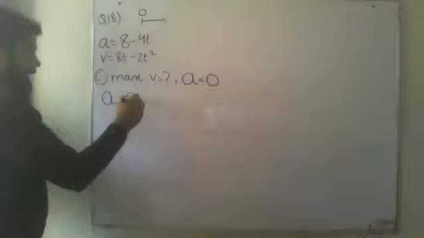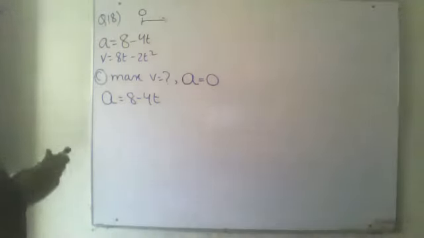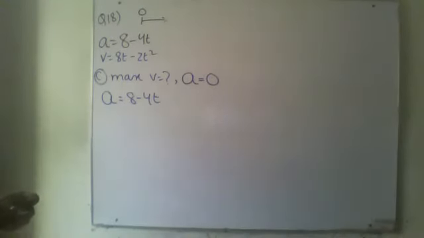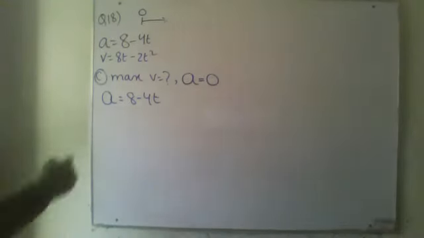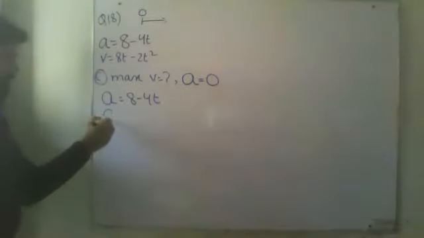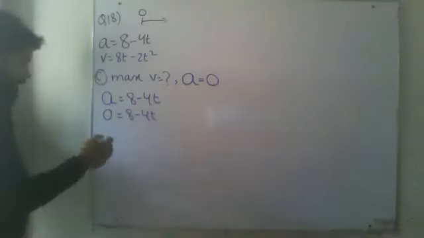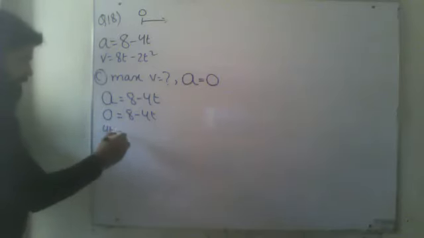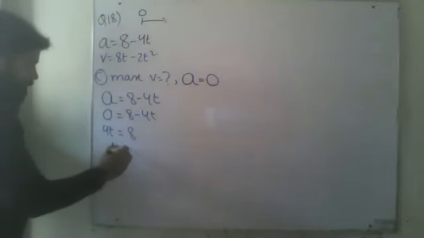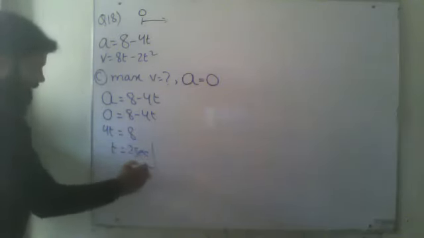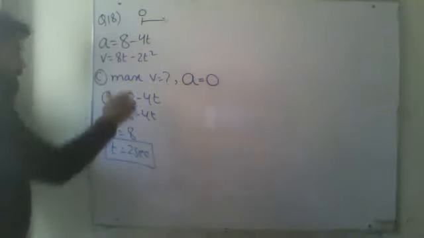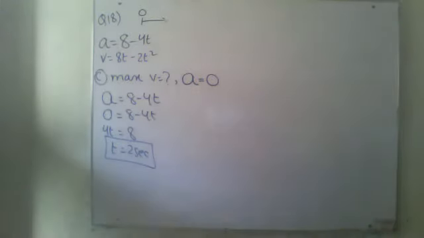So first of all, acceleration equals to 8 minus 4t. Setting acceleration to 0, 4t equals to 8, t equals to 2 seconds. So at t equals to 2 seconds, acceleration was 0.